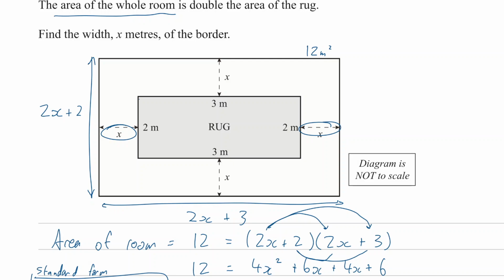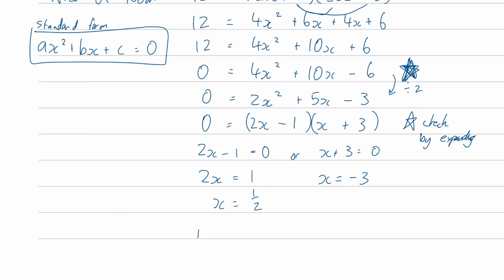Not really, since it's a distance, we're assuming it's greater than 0. So we can ignore x equals negative 3 as x represents a distance. And then my favorite thing to do in maths, therefore, these 3 little dots, therefore x equals 1/2.